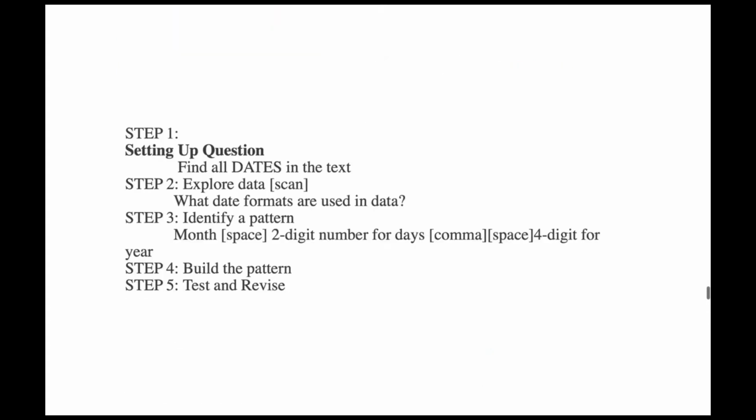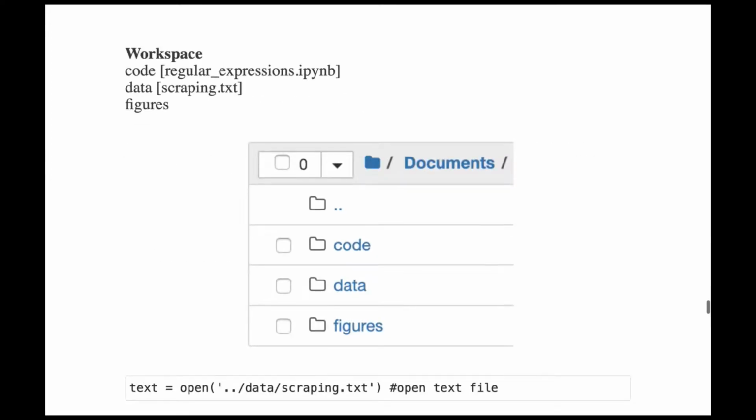So now step 4 will be to build our pattern, and then finally we can test. And if it's not pulling everything we need, then we'll revise our pattern. I suggest you organize your workspace with the code folder where you have your regular expression notebook, the data folder where you place your input file, and figures.